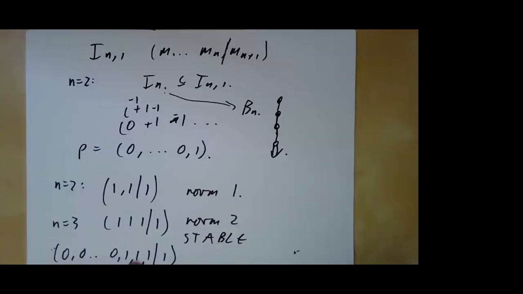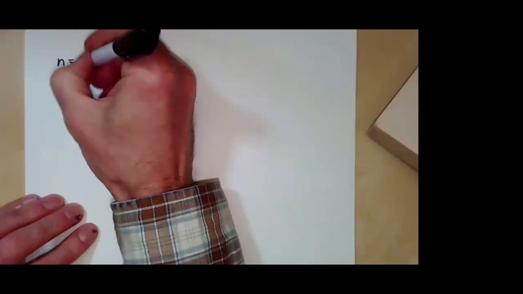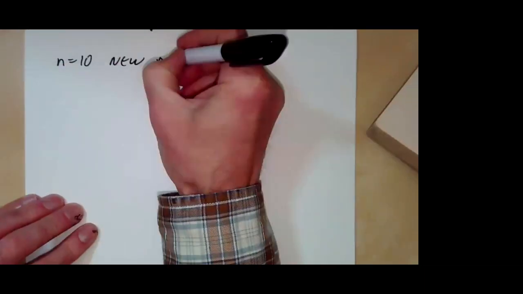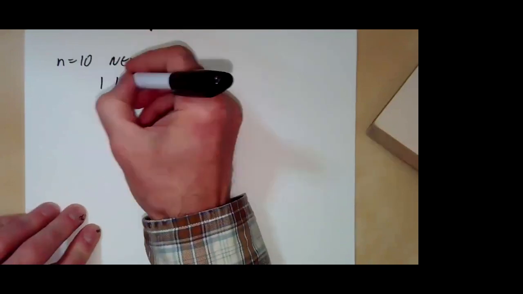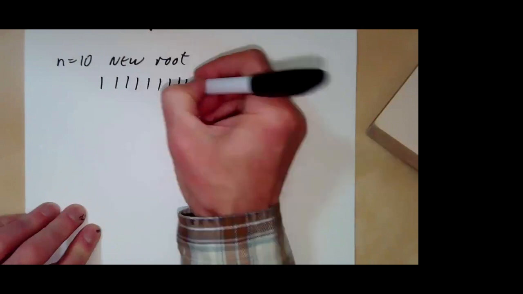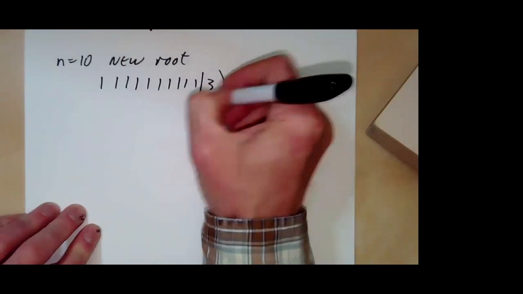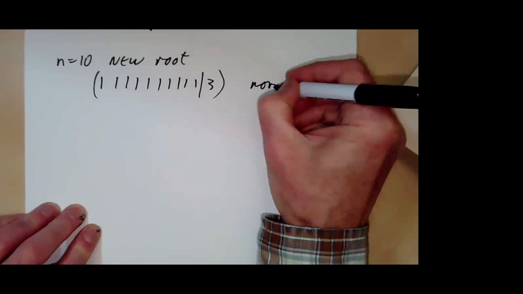And at n equals 10, we get a new root, which looks like this. It goes 1, 2, 3, 4, 5, 6, 7, 8, 9, 10, 3. And you see this again has norm equal to 1.